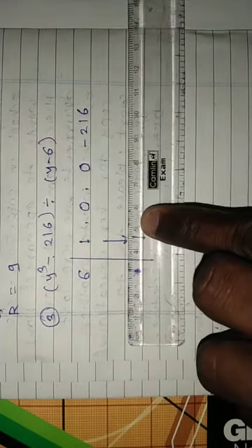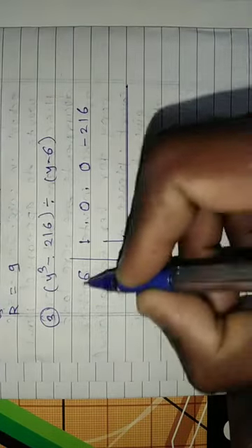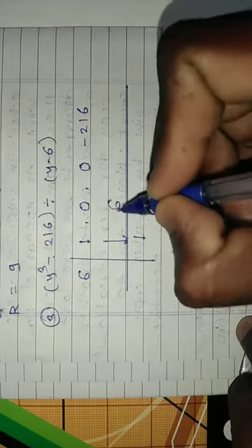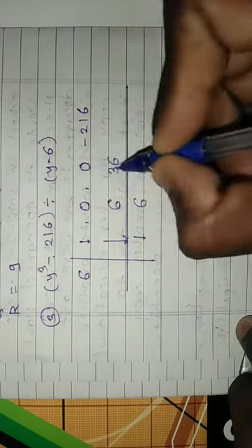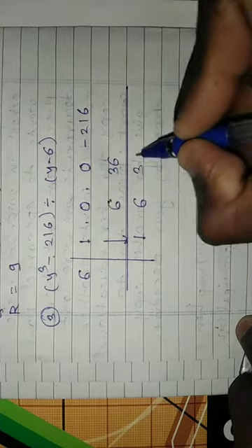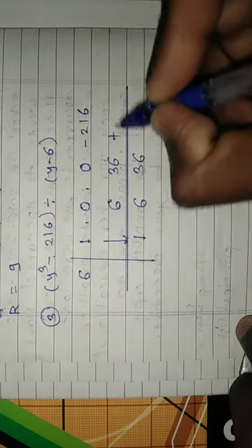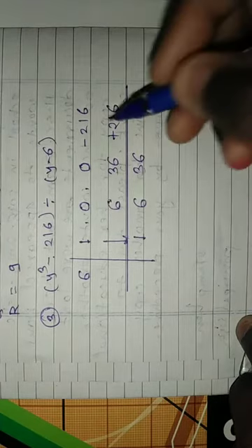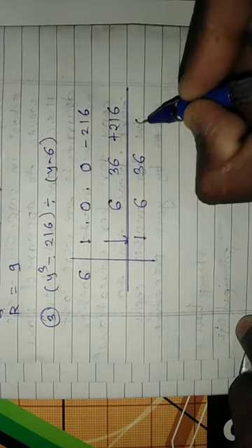Then you know the next step, same way as in the previous example, you have to multiply these two. 6 into 1 becomes 6, 0 and 6 becomes 6, then 6 into 6 is 36, 36 and plus 0 becomes 36, and 36 into 6 becomes 216. Now cancel these two, minus 216 and plus 216 becomes 0.